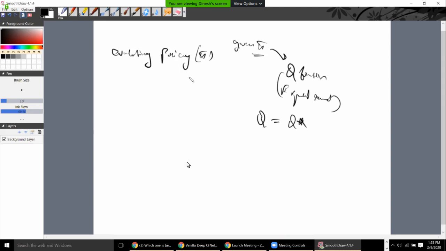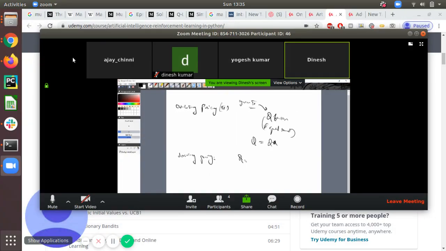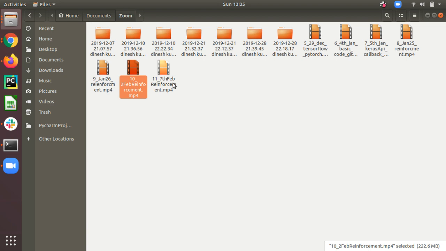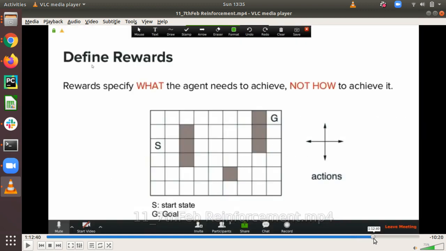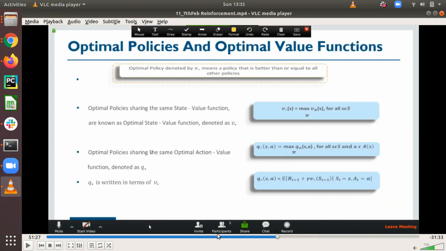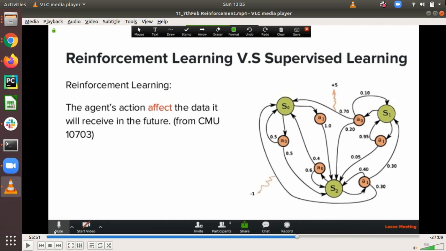And deriving the policy is nothing but trying to find an optimal policy. We will explore different sets of actions with respect to the states and the transition probabilities.